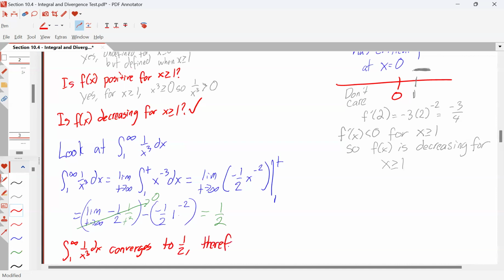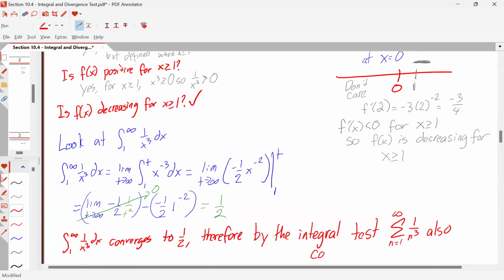Therefore, by the integral test, the series of 1 over n cubed from n equals 1 to infinity also converges.